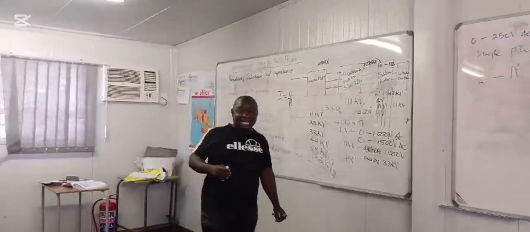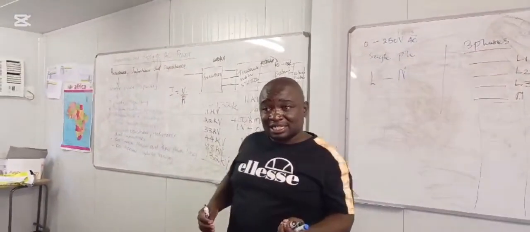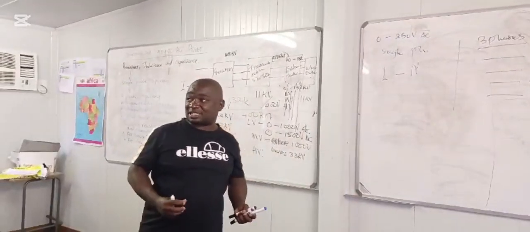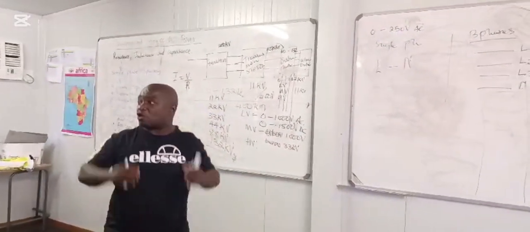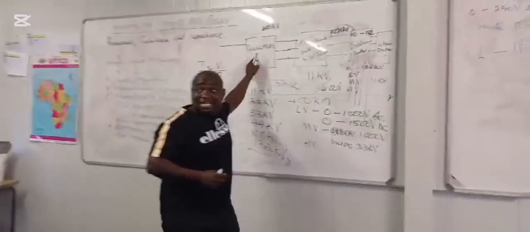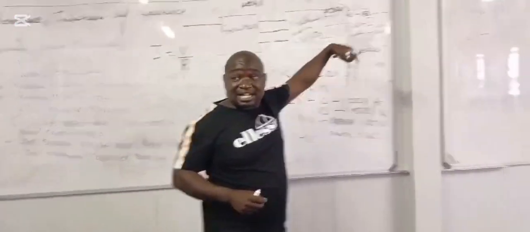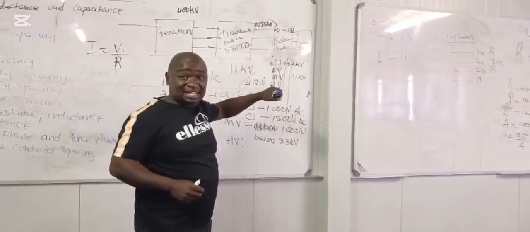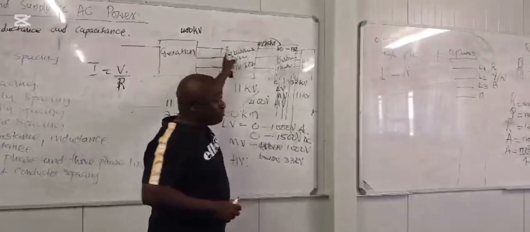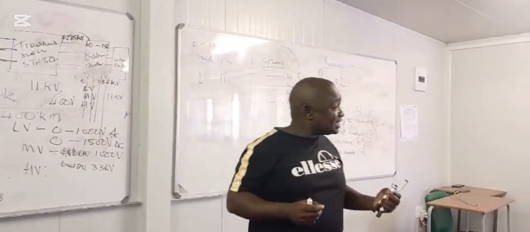And then remember this, every generating plant transmits in a delta configuration. From the generating plant, it is in a delta configuration. At the end or the incoming side, it will be on a star connection. Why? Because remember, this transmission is over long distances.